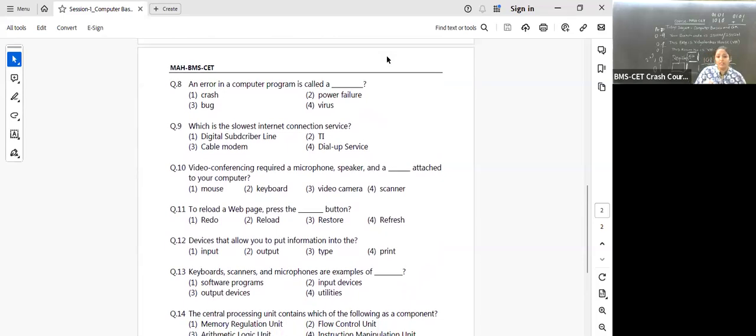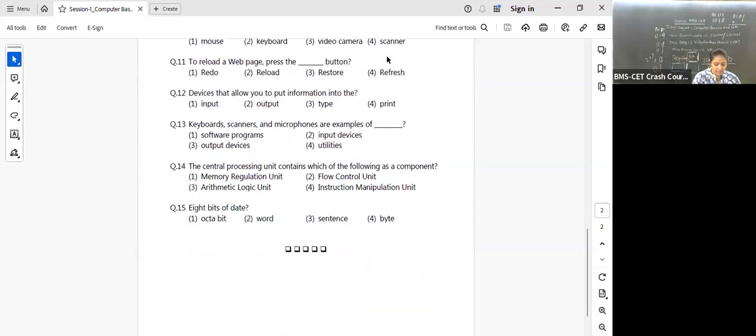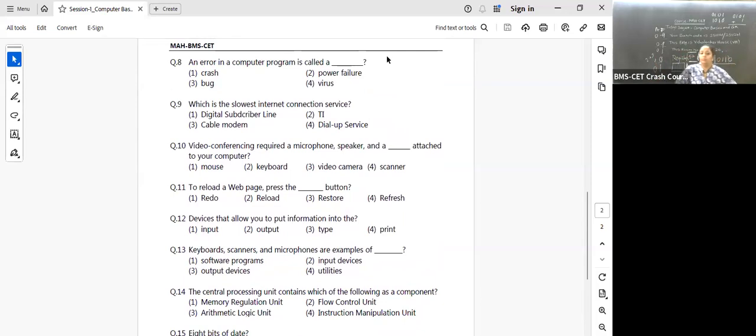Question number 15, it is 8 bits of data, not date. It's written as date. If I'm not wrong, it's data. Online, please note it down. Question number 15 is 8 bits of data. Online students, kindly let me know once you are done with the computer paper so that I can go for the general knowledge GK paper for you.